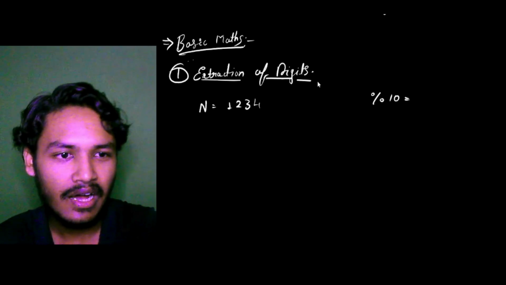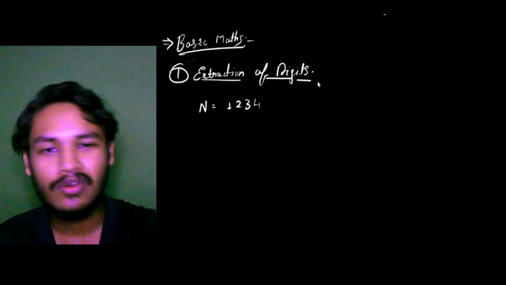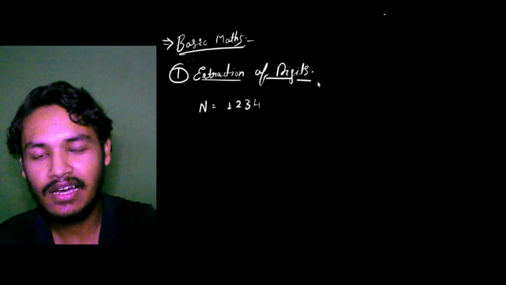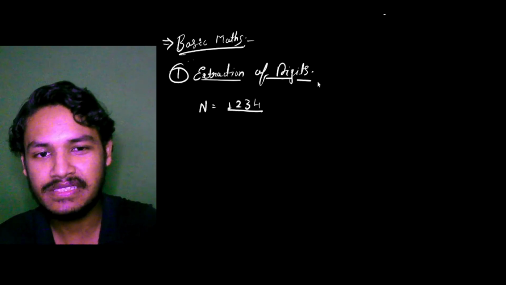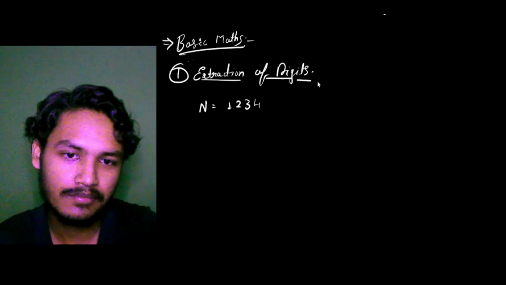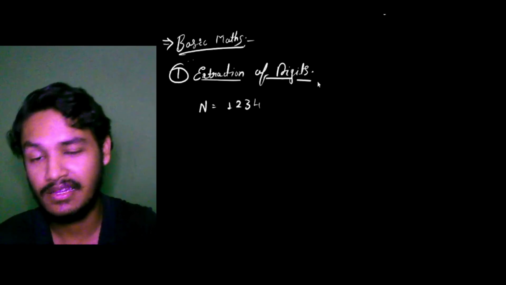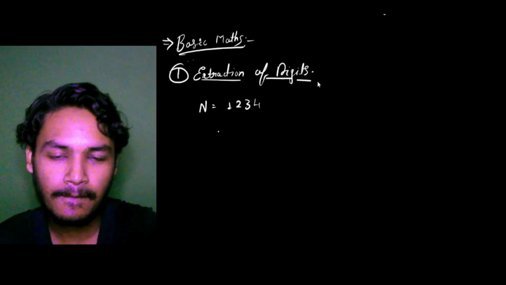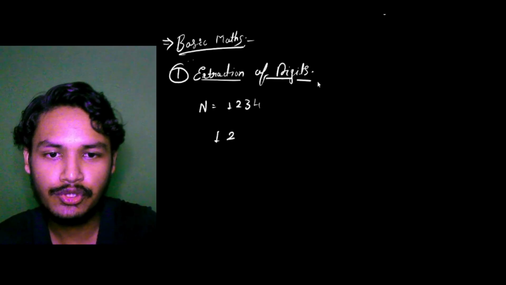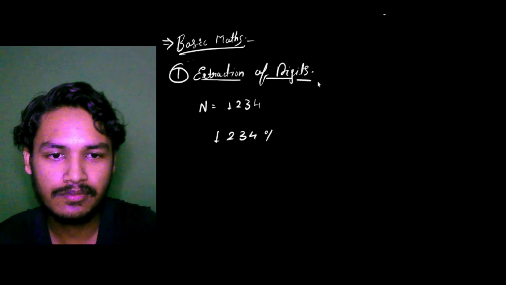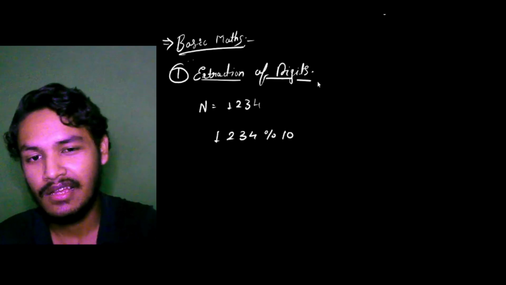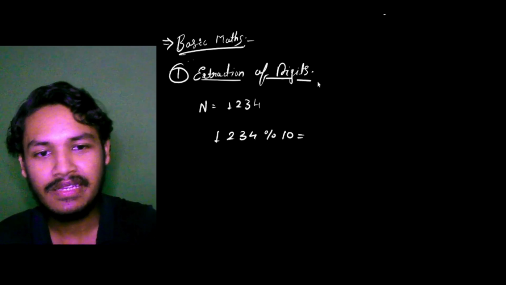So what if I take modulus of this number by 10? Let's try. 1234 modulus 10, it will give me the remainder.